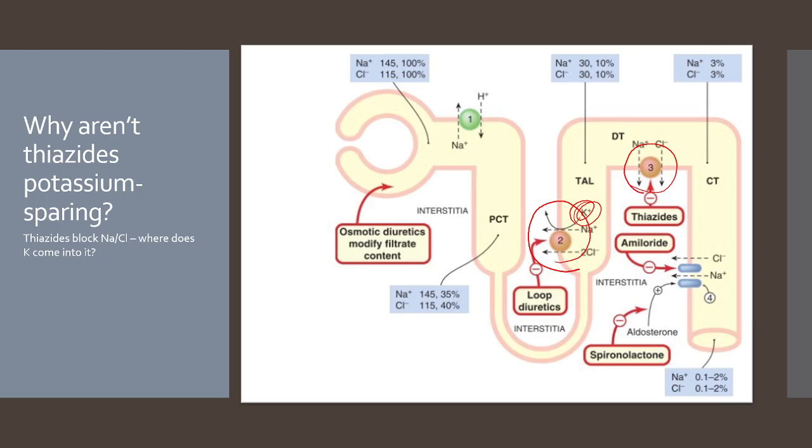And the reason is that, with the uptake of sodium being blocked, you now have excess sodium going down the tubule, and that stimulates the reuptake of sodium at the expense of potassium. And so then potassium gets excreted, so they're not potassium sparing.